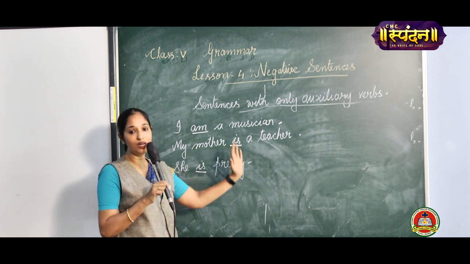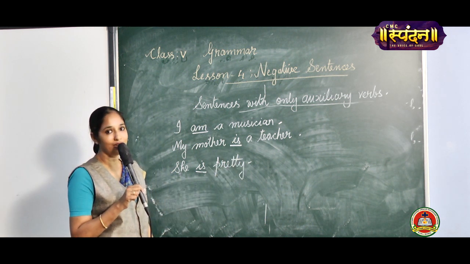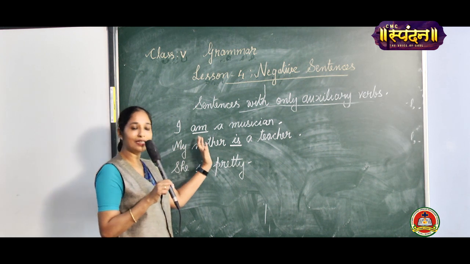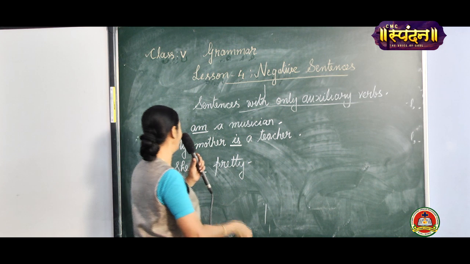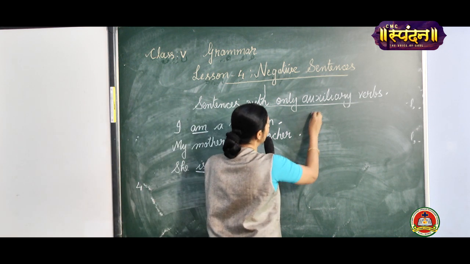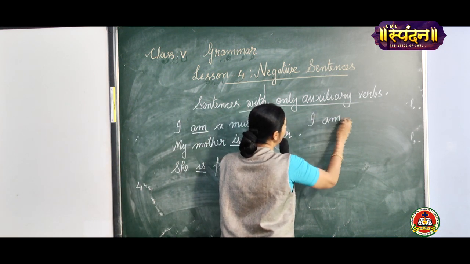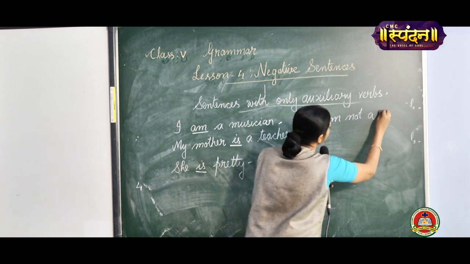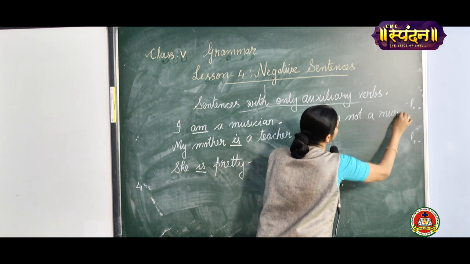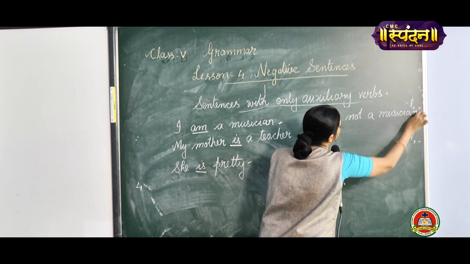Now let's convert this into a negative sentence. How to convert sentences having only an auxiliary verb to negative sentences? I am a musician becomes I am not a musician.